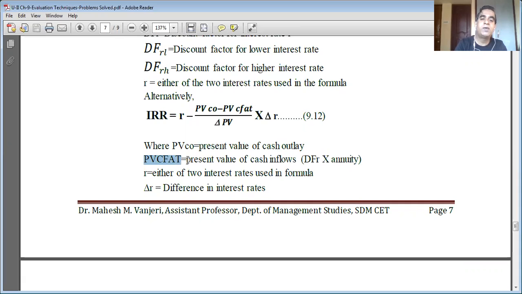PVCF80 is the present value of cash inflows after taxes, that is nothing but DFR into annuity.